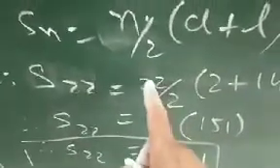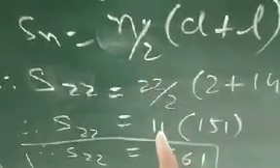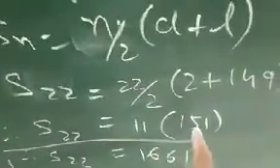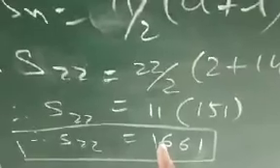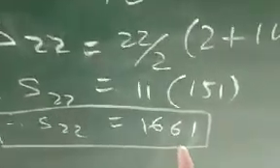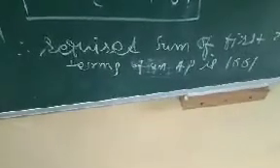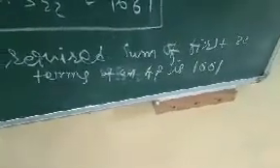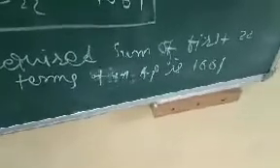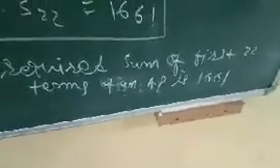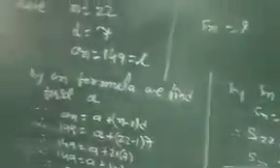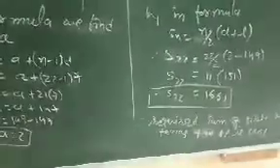Then 2 elevens are 22, so 11, then 151. Then we get here 1661 as S22. So the required sum of first 22 terms of an AP is 1661. So it is answer number 7. Once again you learn and check it.